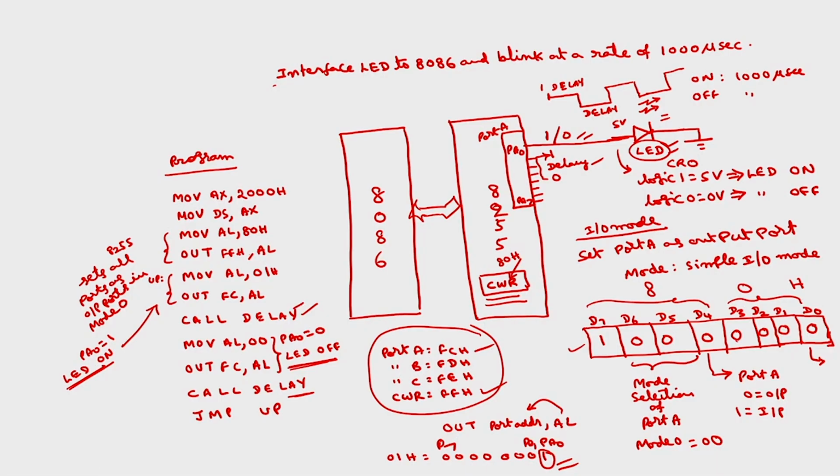Okay. Then how to write the delay program? So you load CX with some number, MOV CX comma some number, this is a 16-bit number.